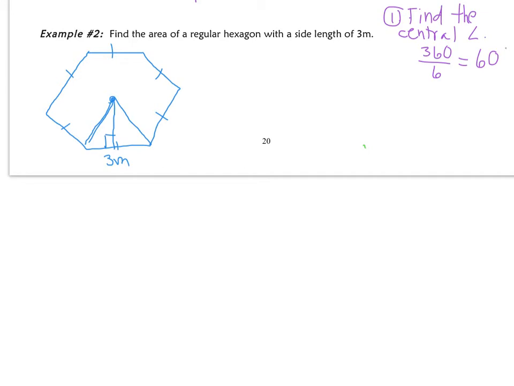But what I want to do really is to find the area of this. Ultimately, what I want to do is find the area of this little right triangle. So for step 2, I'm going to take the angle found in number 1 and divide by 2.